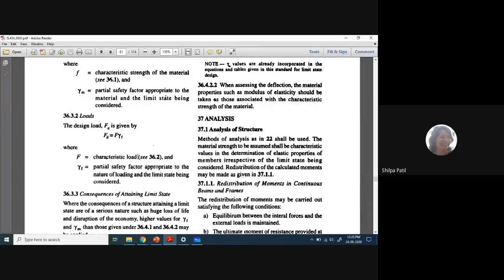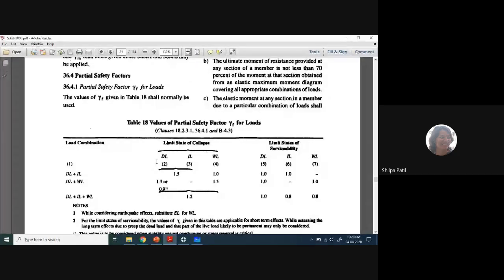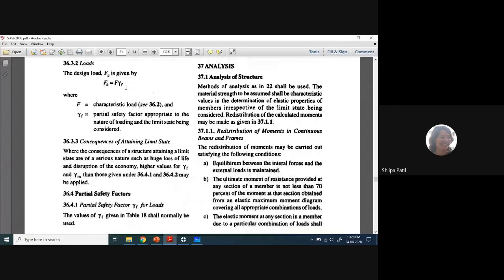For dead load, I'm considering only dead load, it is 1.5. So we obtain the design load as 1.5 into the characteristic load or working load. I want to find out the working load here. That W value is nothing but your FD now. Simply I have to find out F. So FD upon gamma F. Gamma F is 1.5. Is it clear?